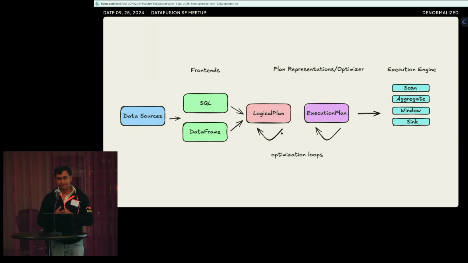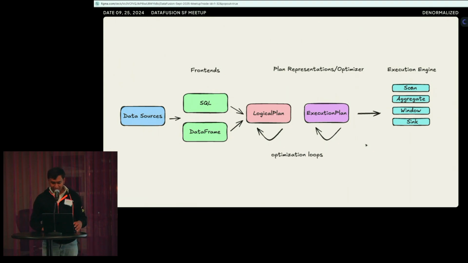That's on a logical level. A physical plan, on the other hand, is aware of the actual execution environment of your system. Depending on whether you're building a distributed database with shuffles and checkpointing, or a single node system, you will have different considerations.